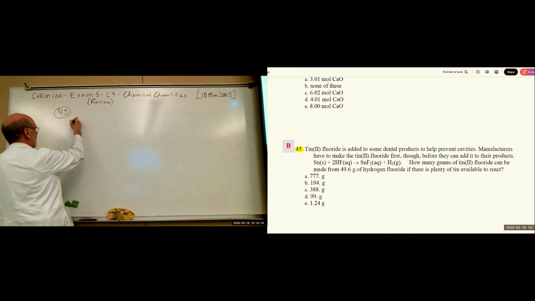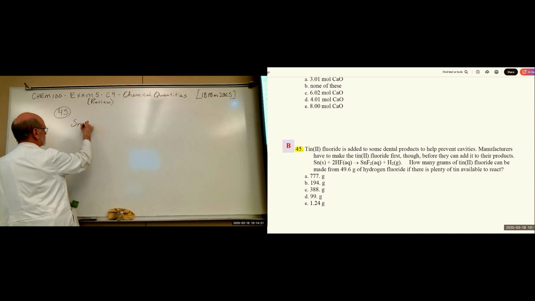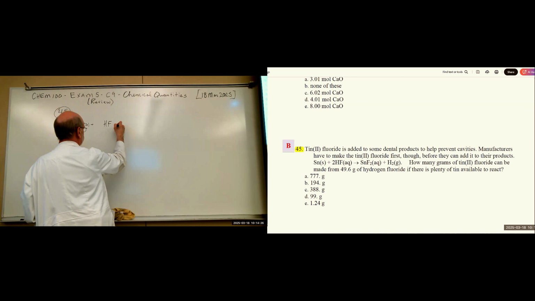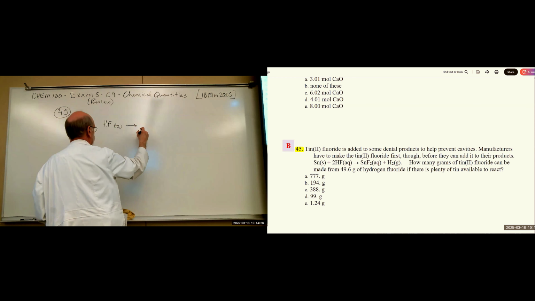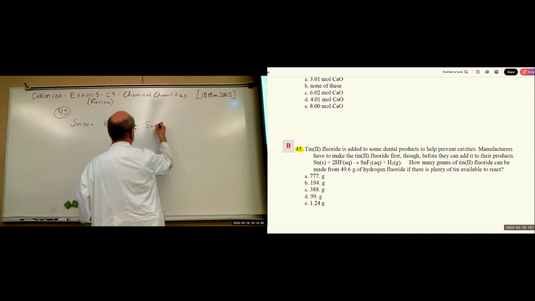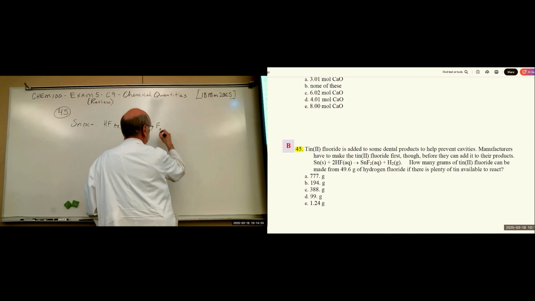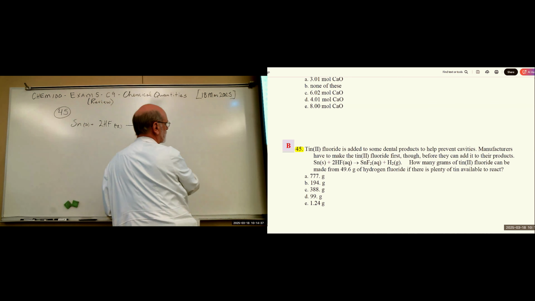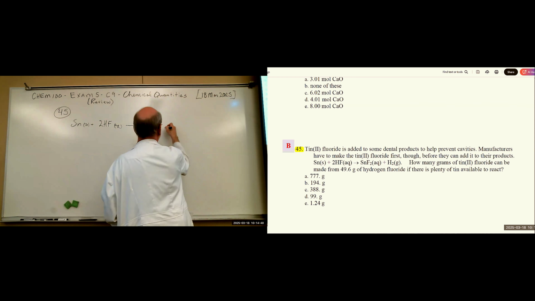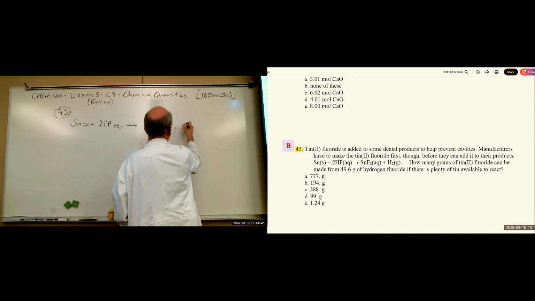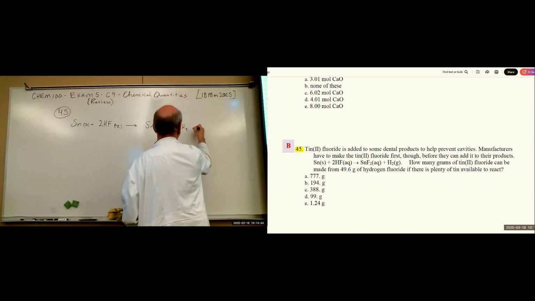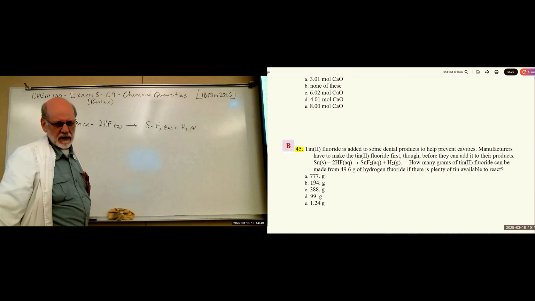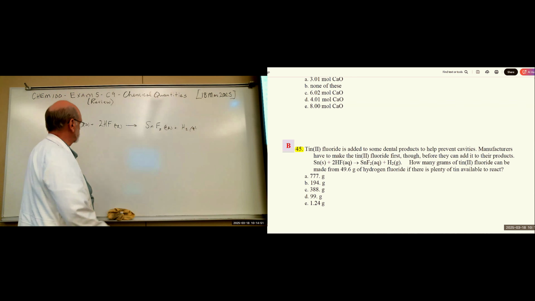That's why I like to pull things out and put them on the board. So there's our balanced equation, and we're also given 49.6 grams.